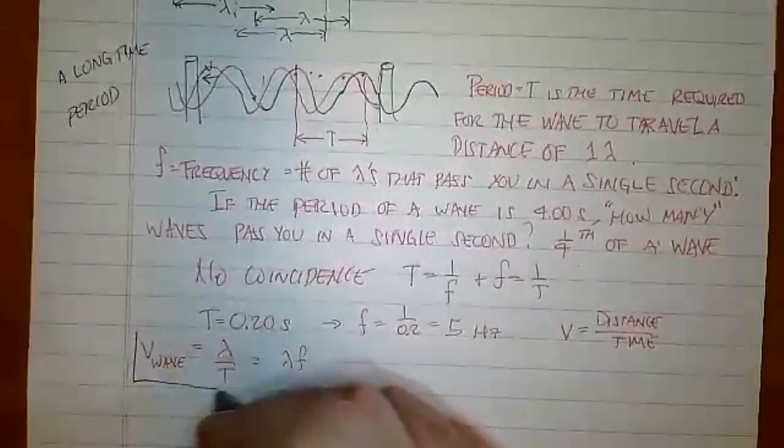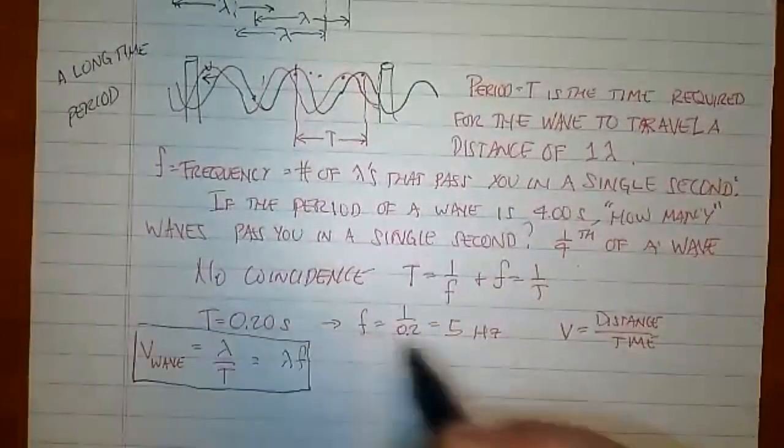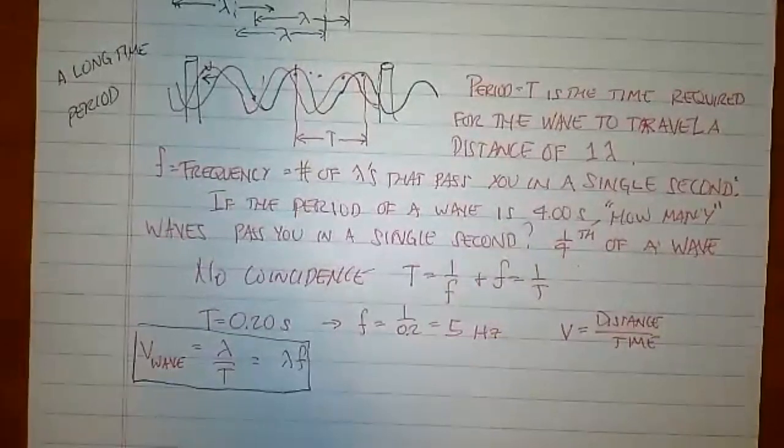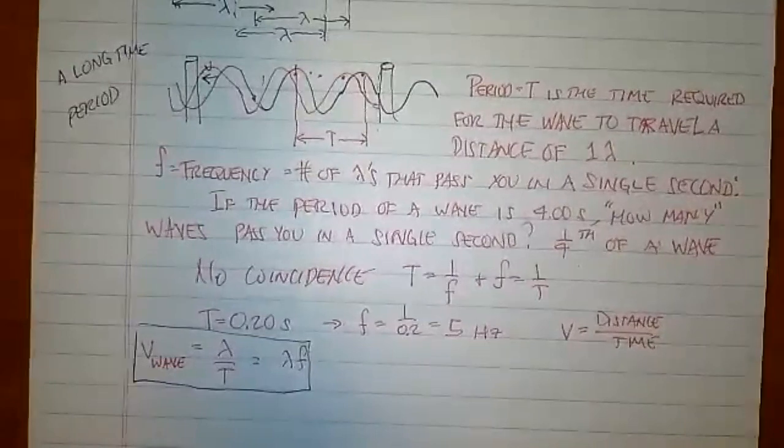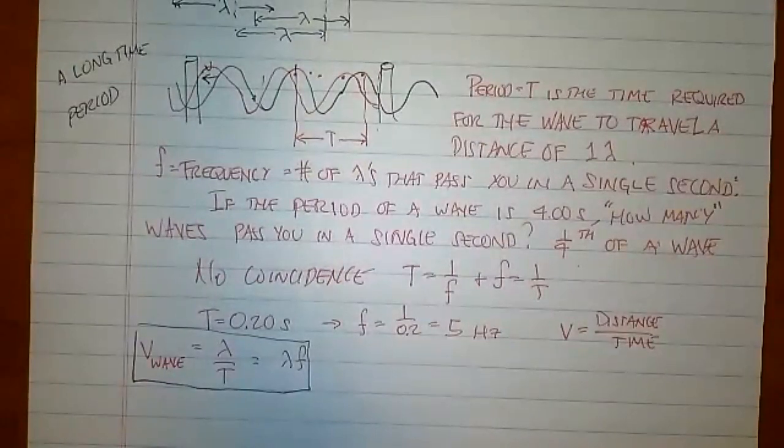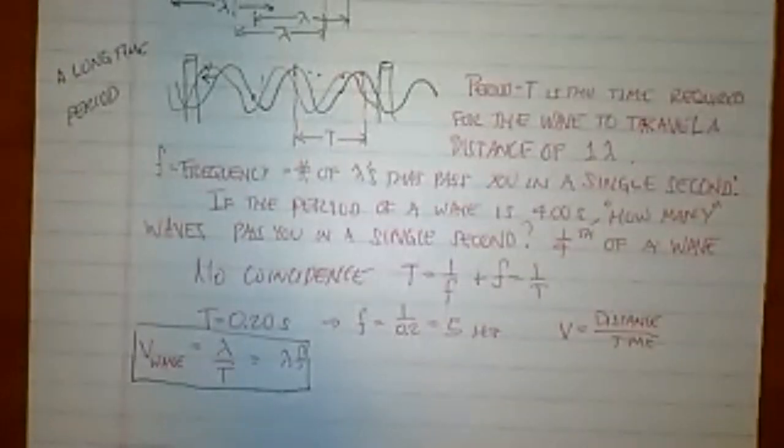Okay. So for instance, if a wave has a wavelength of 5 feet and a frequency of 3 hertz, then that means 3 waves will pass you in a single second. So the velocity of the wave would be 15 meters per second, right? Or 15 feet per second. Sorry about that.